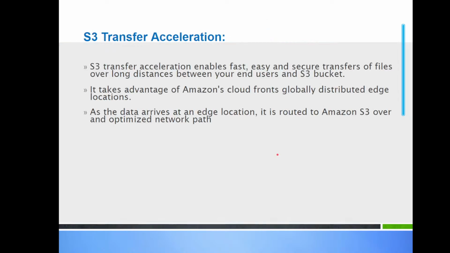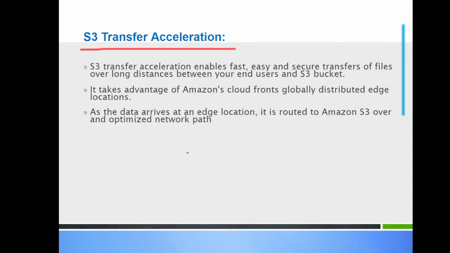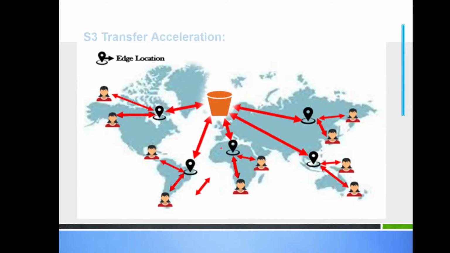Next, S3 Transfer Acceleration. Remember we talked about edge locations. They are used to create a cache. So if you have data here, you can cache your data on intermediate servers so that your users have less latency.